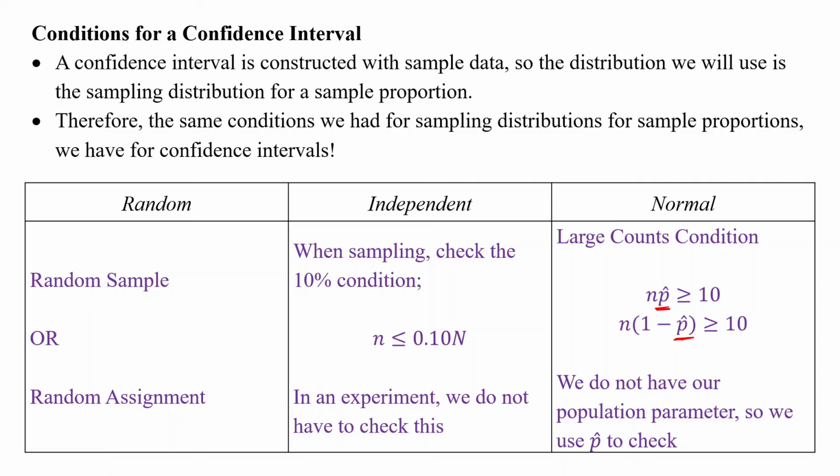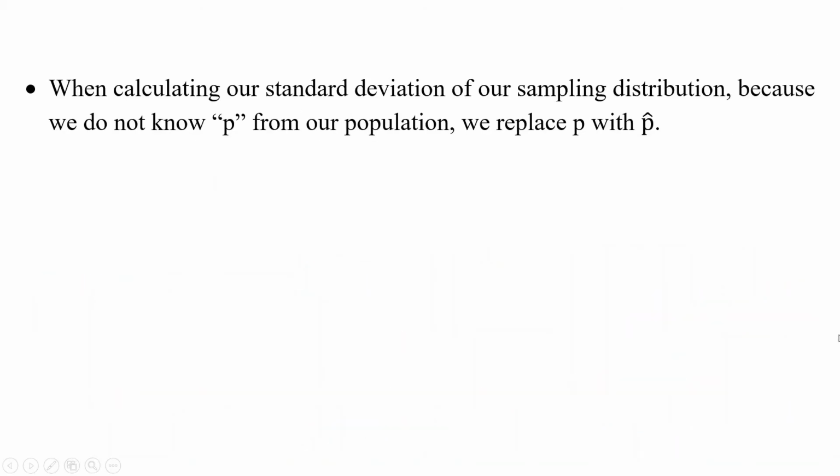Again, for your large counts condition, we use p-hat because we are constructing our confidence interval around our point estimate of p-hat. That is our center. That is what we are constructing it around. So that is what we check for normality. We want to make sure that there are enough successes and enough failures in our sample to say that the distribution will be approximately normal.